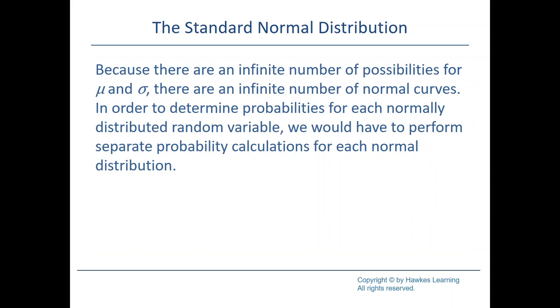Now, because there's an infinite number of possibilities for the mean and standard deviation, this means there's an infinite number of curves. So in order to determine the probabilities for each normally distributed random variable, we have to perform separate probability calculations for each normal distribution.